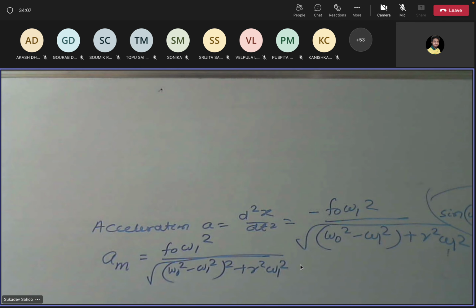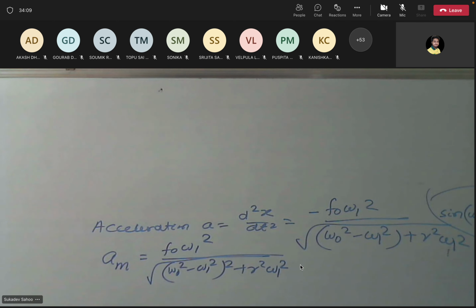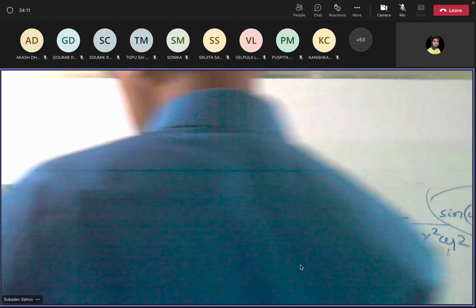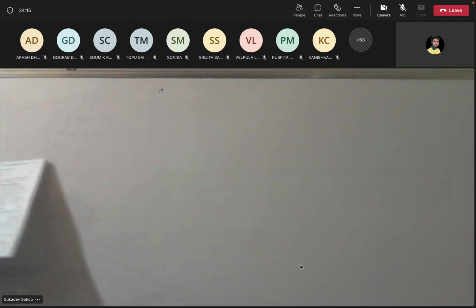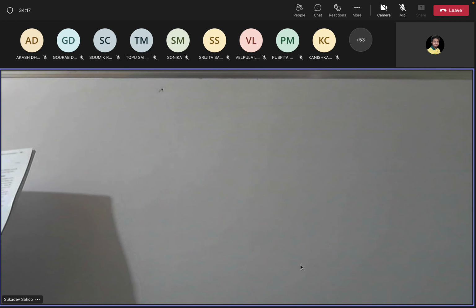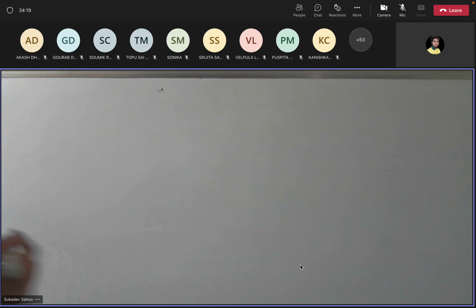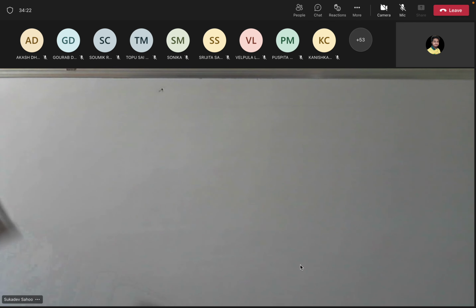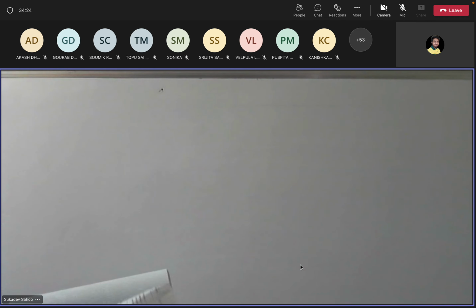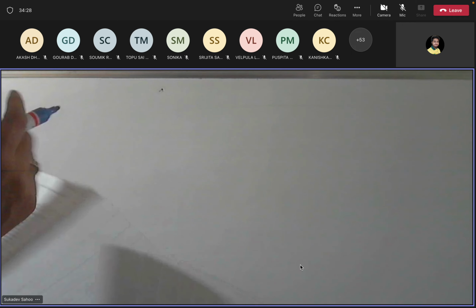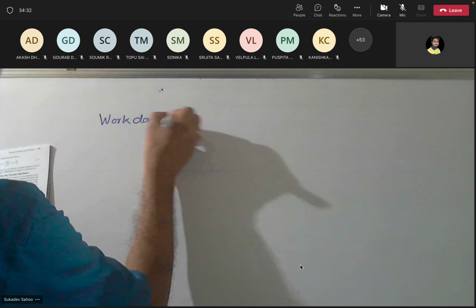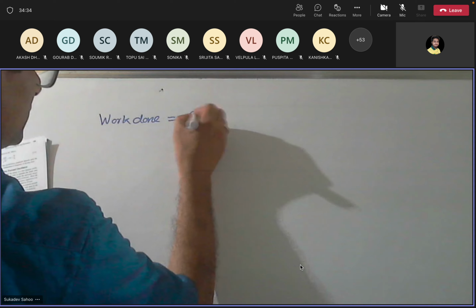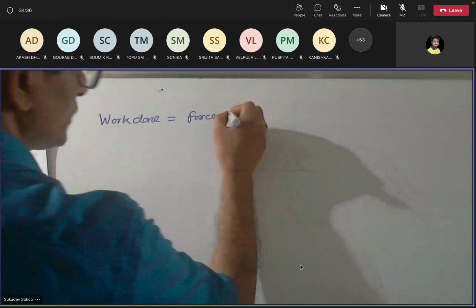Suppose it displaces through a distance x, then the work done by the driving force, that is the external periodic force, to produce displacement x, we can write as force into displacement.